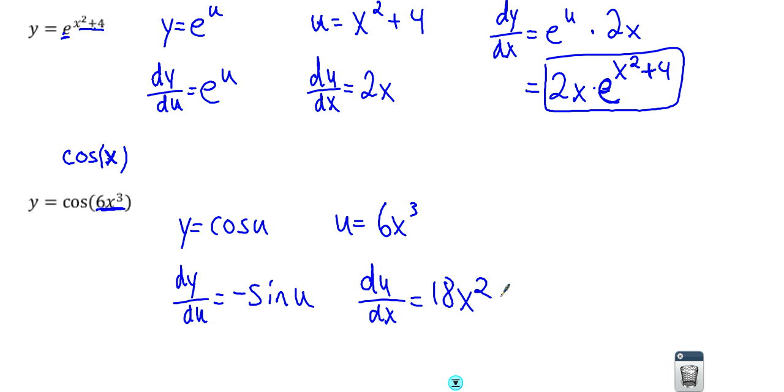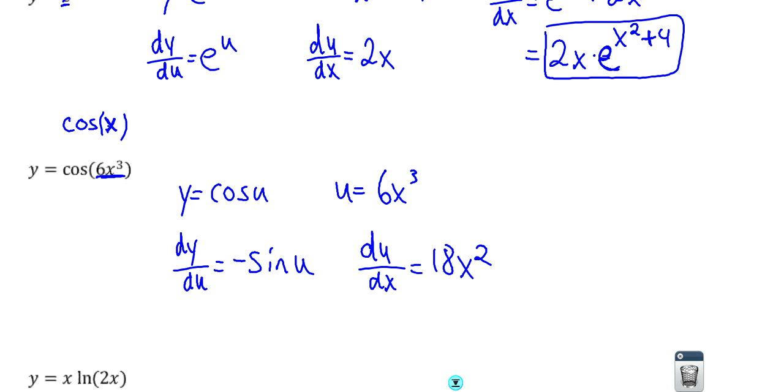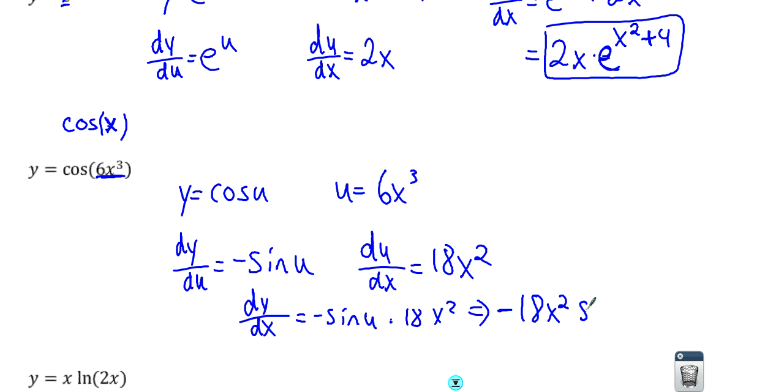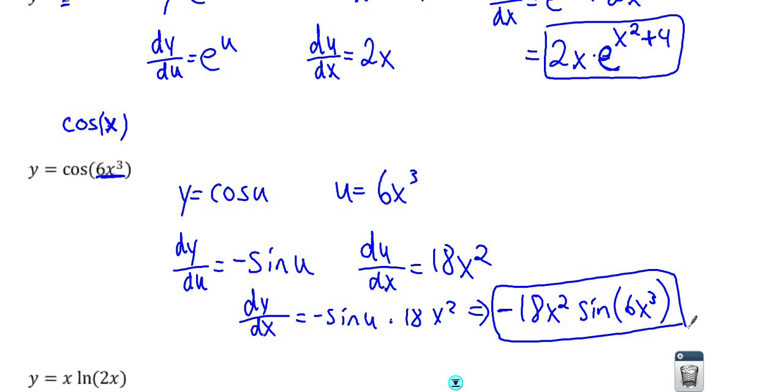Then we multiply. So we get dy over dx equals negative sine u times 18x squared. But again, we can't leave u in it, and we usually put our x's in front of our trig, so we end up with negative 18x squared sine of 6x cubed. And that is our derivative.